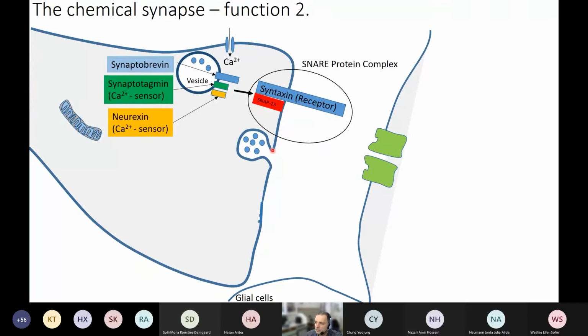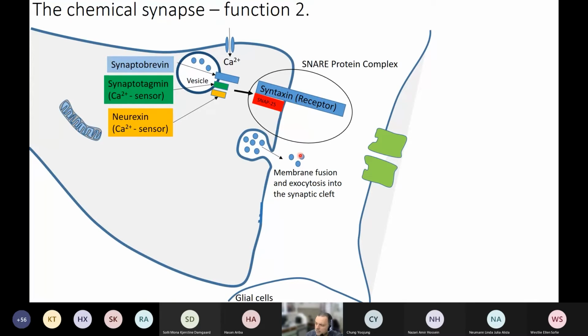And after this, very soon, the presynaptic membrane may fuse with the membrane of the vesicle. And you can see that the content of the vesicle can now be emptied into the synaptic cleft, which is an exocytotic process.